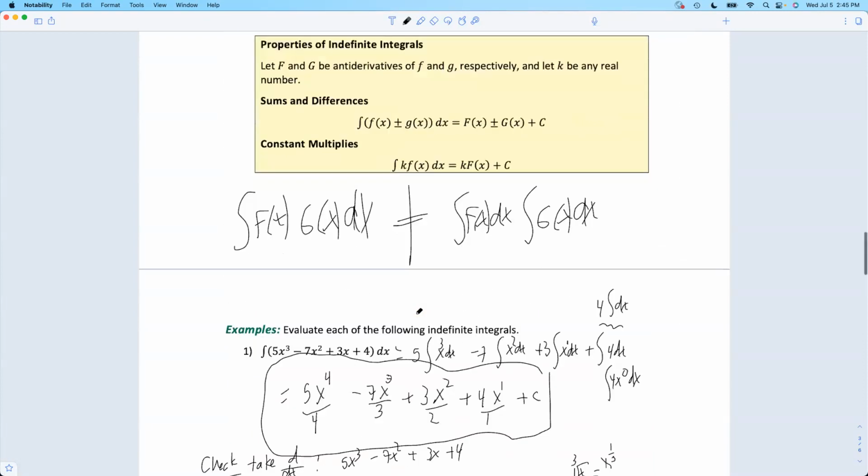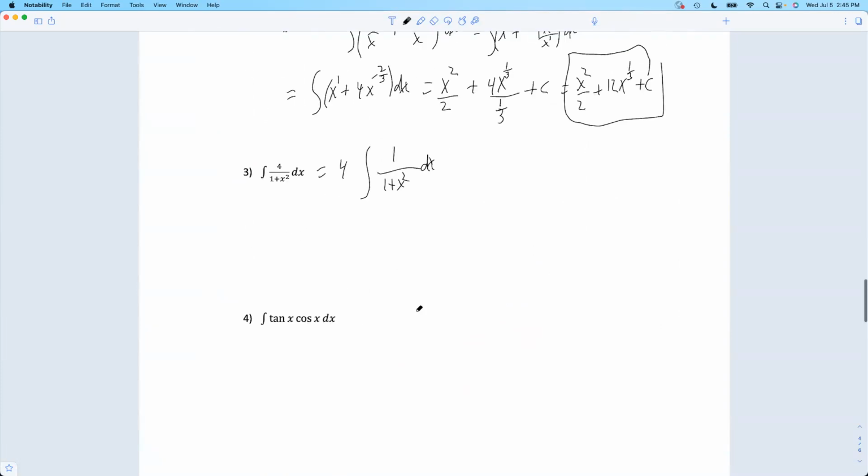And then it wasn't there because that was wrong. What I have inside there is the derivative of inverse tangent, or arctangent. So the antiderivative of 1 over 1 plus x squared dx would be 4 arctan of x plus c. Don't forget your plus c.